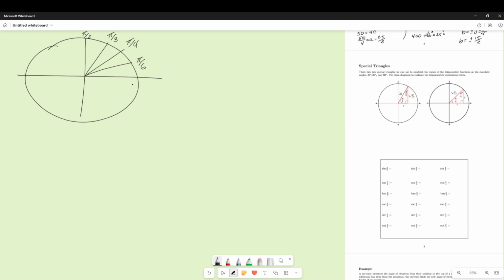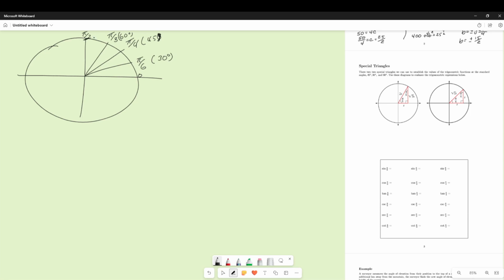Again, hopefully you're practicing filling out the circle in terms of radian measure. And these were equivalent to 30 degrees, 45 degrees, 60 degrees, and of course 90 degrees up there.